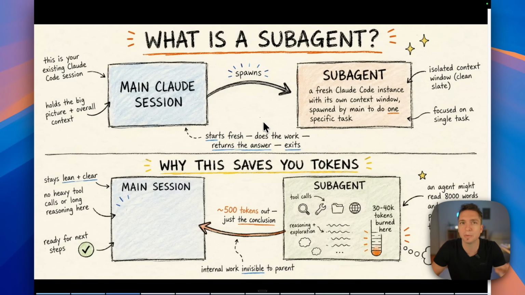And that's one of the reasons that we would actually have subagents. So again, if we look at our main Claude Code session over here, what we can do is get it to spawn a subagent, which is essentially just a fresh Claude Code session with its own isolated context window to perform a specific task. So instead of bloating our main Claude Code session with all of those tools and all of those requests that we asked, we have different subagents go and perform those requests for us and only return the information that we need.